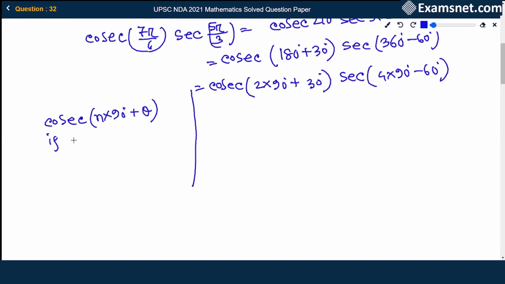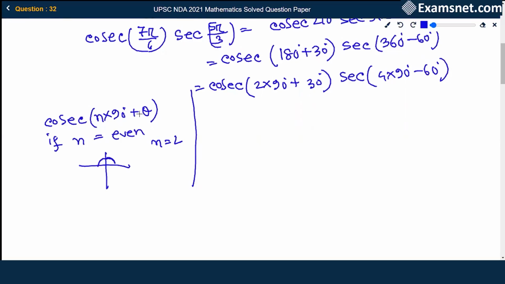If n is even, let's say n is 2, which quadrant will it denote? We need to check two rotations. The first rotation crosses the first quadrant, and the second rotation goes to the second quadrant.